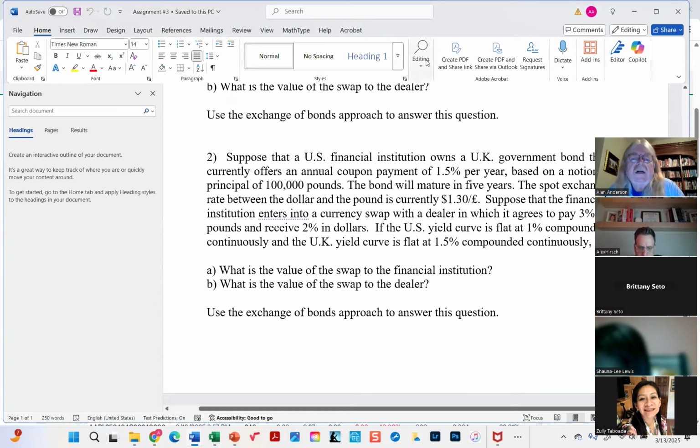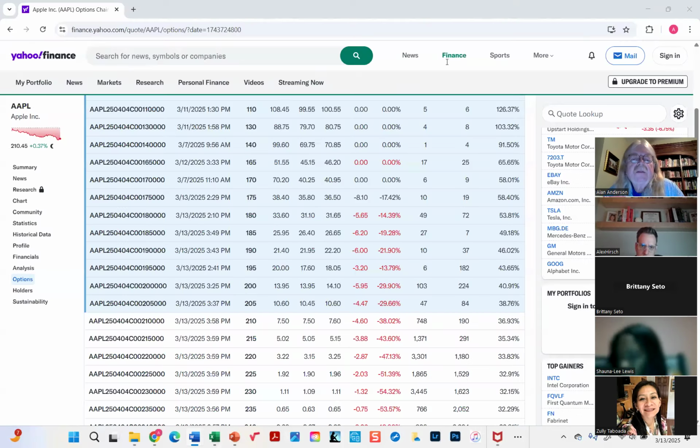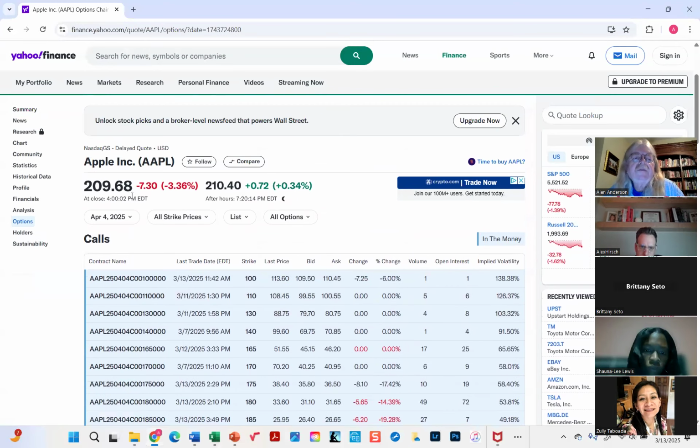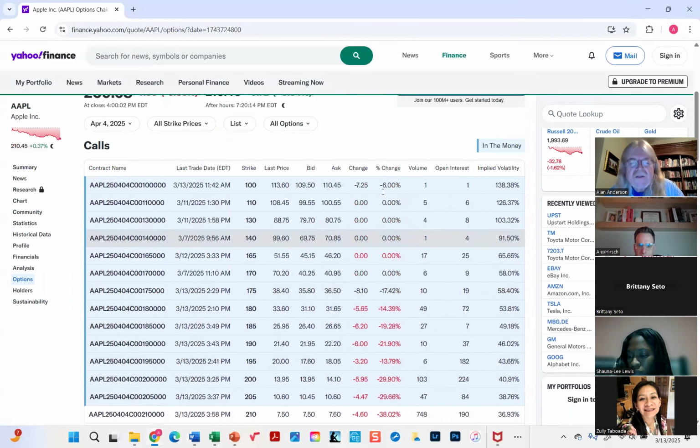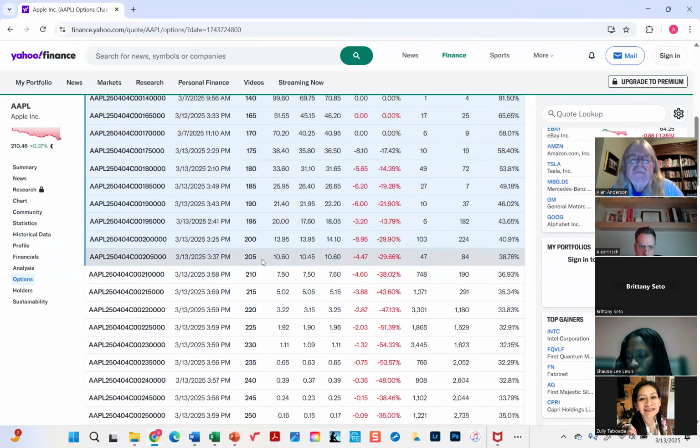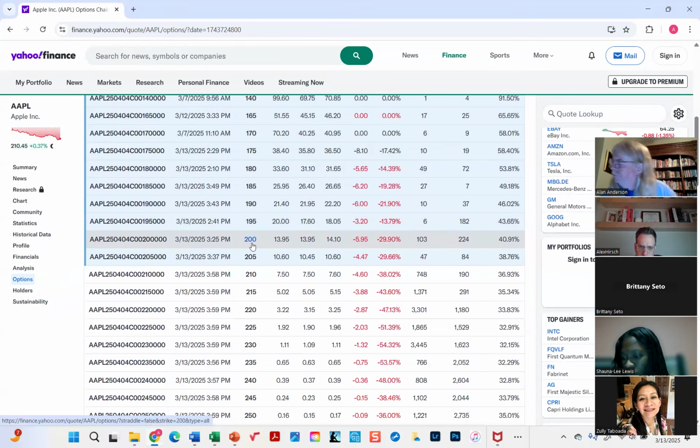Now, here's the interesting thing. The stock price is 209.68. The strike is 200.